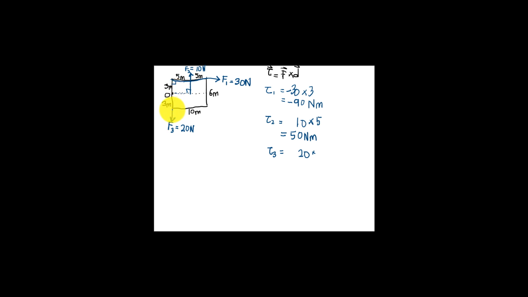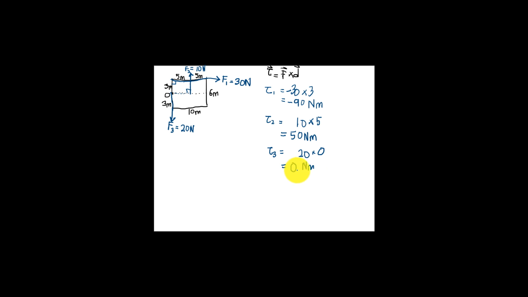We can extend this force until it reaches point O. It touches point O, so there is no distance from the axis of rotation. So it will be times 0. Since it's times 0, there is no need to find the direction of this torque, because torque 3 is 0 Newton meter.